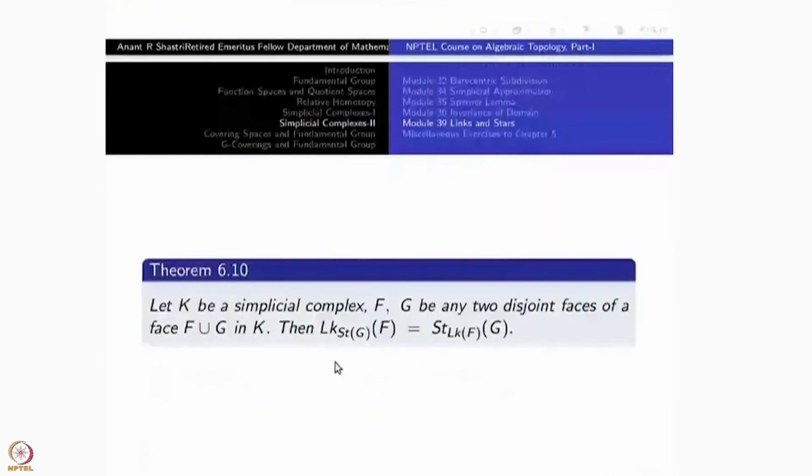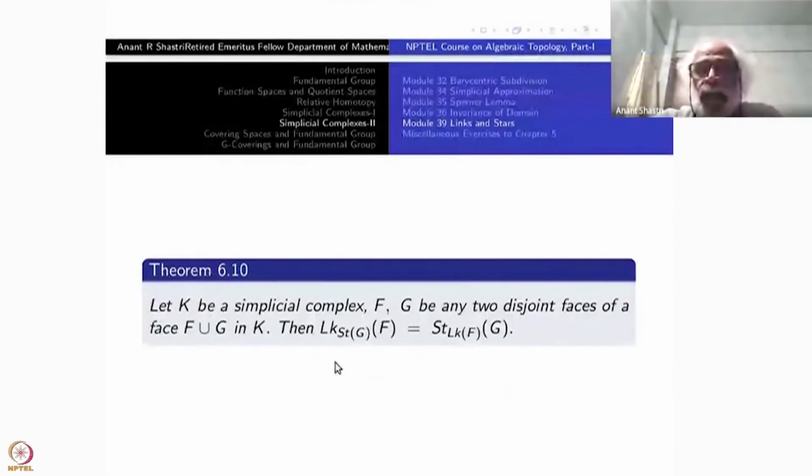Now, let K be a simplicial complex, and F and G any two disjoint faces such that F union G is a face. Just start with a face and write it as a disjoint union.